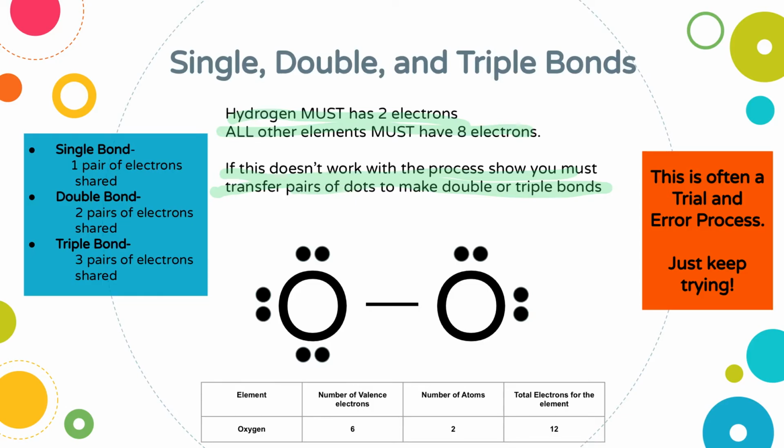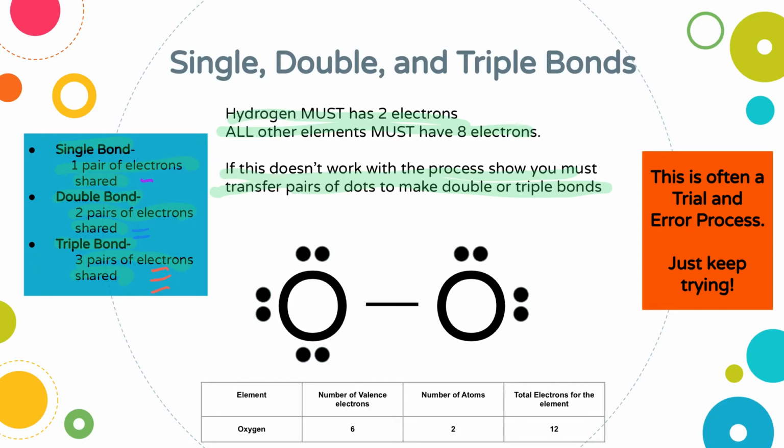A single bond is 1 pair of electrons shared, a double bond is 2 pairs of electrons shared, and a triple bond is 3 pairs of electrons shared. So a single bond is just 1 line, a double bond looks like that, and a triple bond is represented with 3 lines in between. Write those down in your notes so that you don't forget.